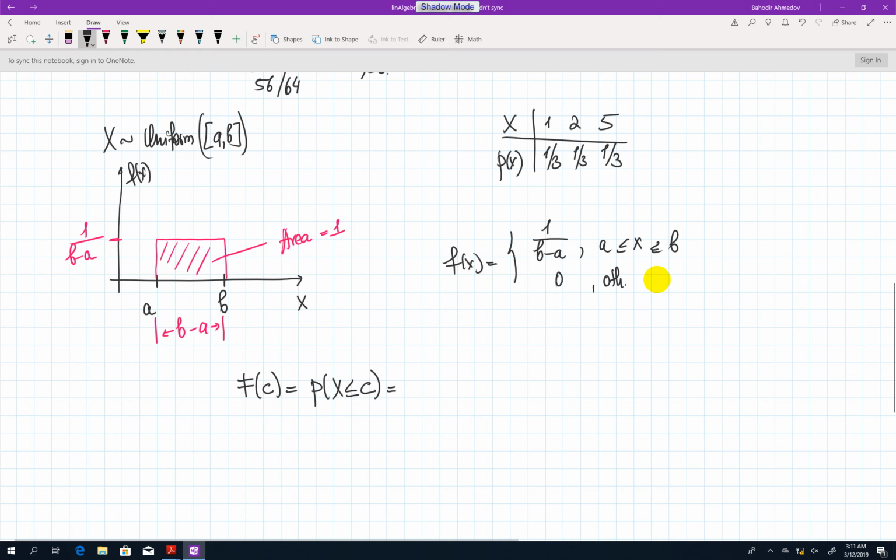In the continuous case, we need to integrate the density function over the interval from minus infinity to C, dx, right? Geometrically, if your curve is given like this and you choose one point C, this is the area under this curve until this point C, right? This gives you big F of C, the cumulative distribution of C, okay?